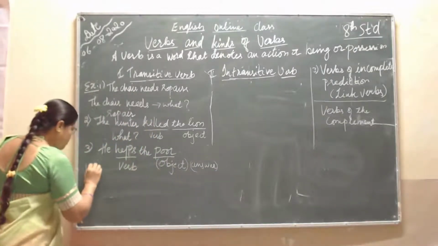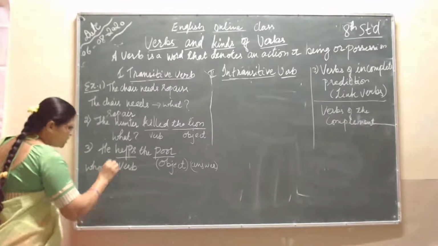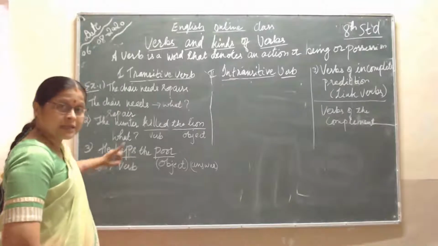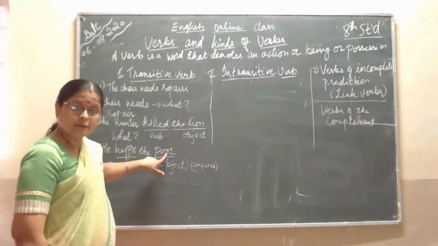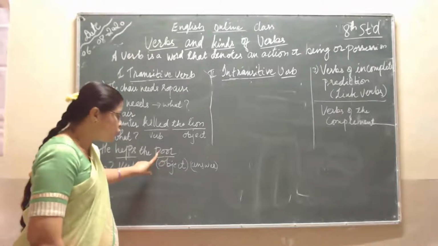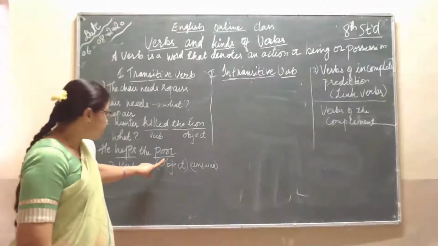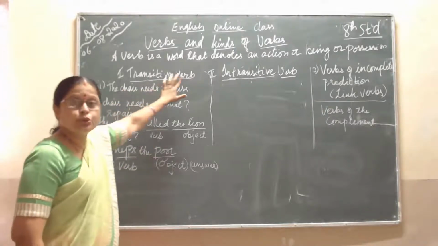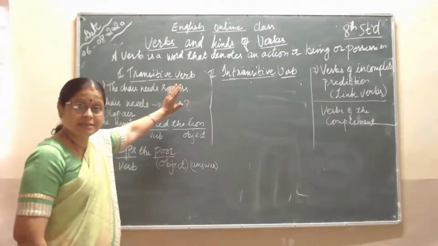The answer is the poor. When you get the answer as the poor, then the poor is the object here, whereas this helps will become the verb, which is a transitive verb. Got it? Is it clear?